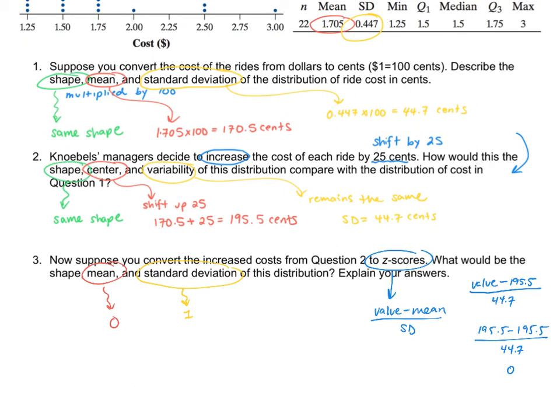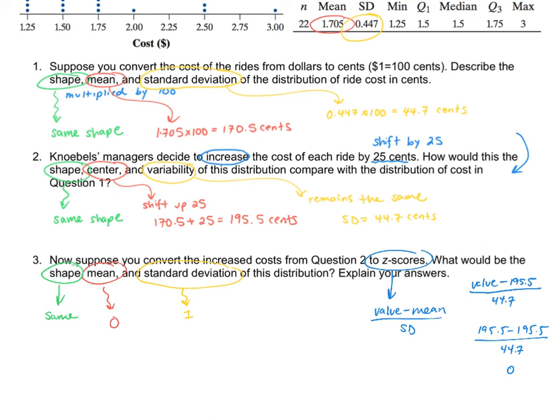Because if we take all the values and subtract the mean and then divide by the standard deviation, that spread, that deviation on average is going to be just 1 away from the mean. And the shape stays the same, because when you're standardizing, all you're doing is shifting and then scaling. You're shifting by subtracting the mean and then scaling it down by dividing by the standard deviation.